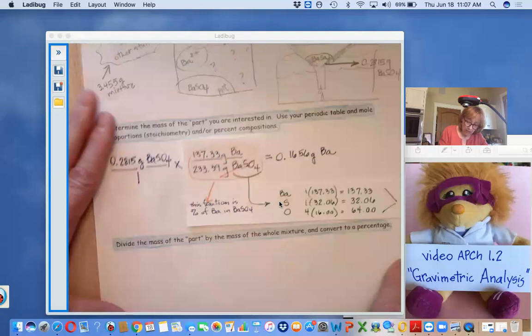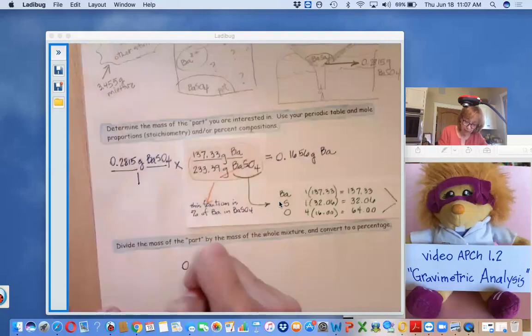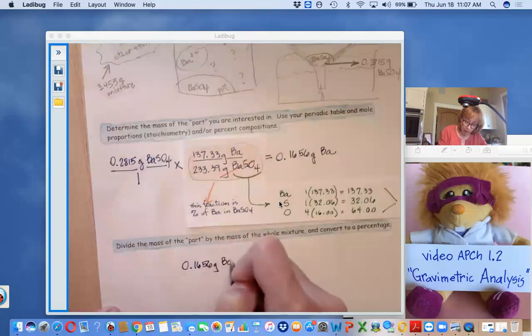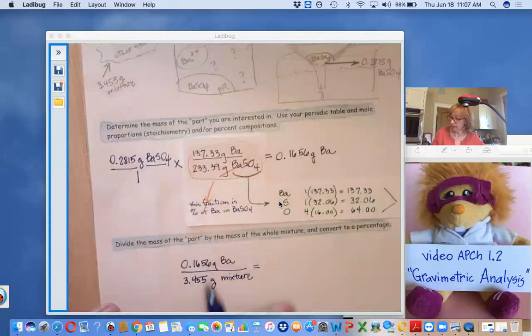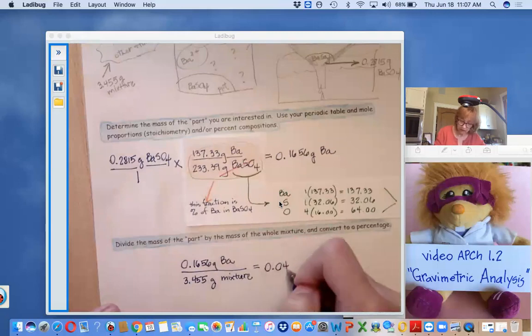So 0.1656 grams of the barium part divided by the 3.455 grams of the original mixture. And when I divide those very precise numbers, my calculator gives me a whole lot of digits.